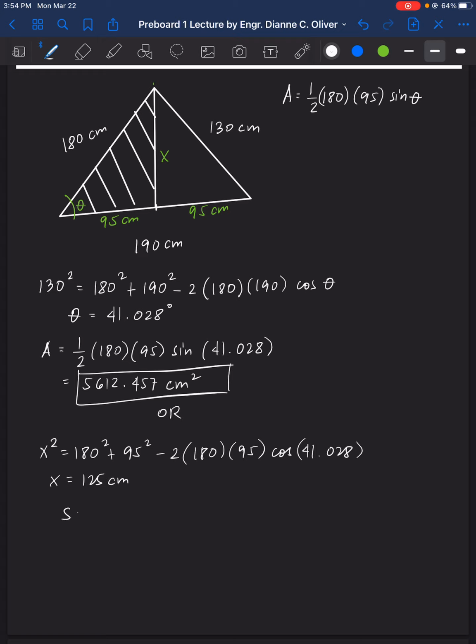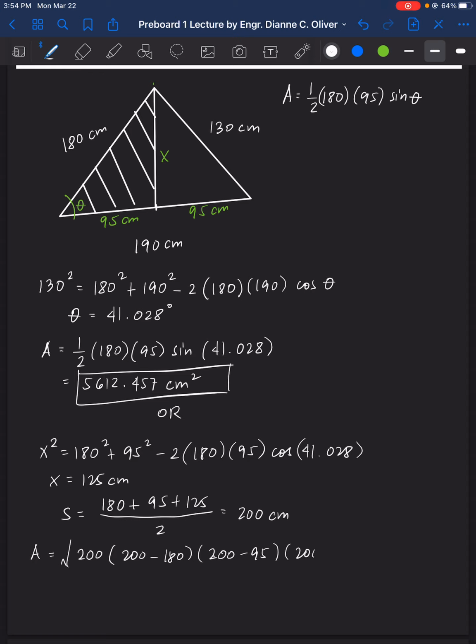Having the three sides, S is equal to 180 plus 95 plus 125, all divided by 2, that is equal to 200 centimeters. So area is equal to the square root of 200 times 200 minus 180, times 200 minus 95, times 200 minus 125.